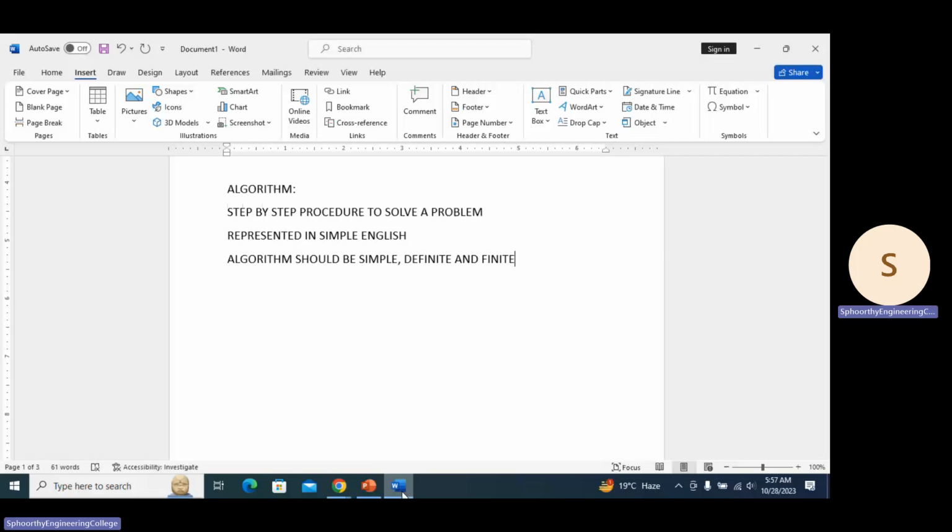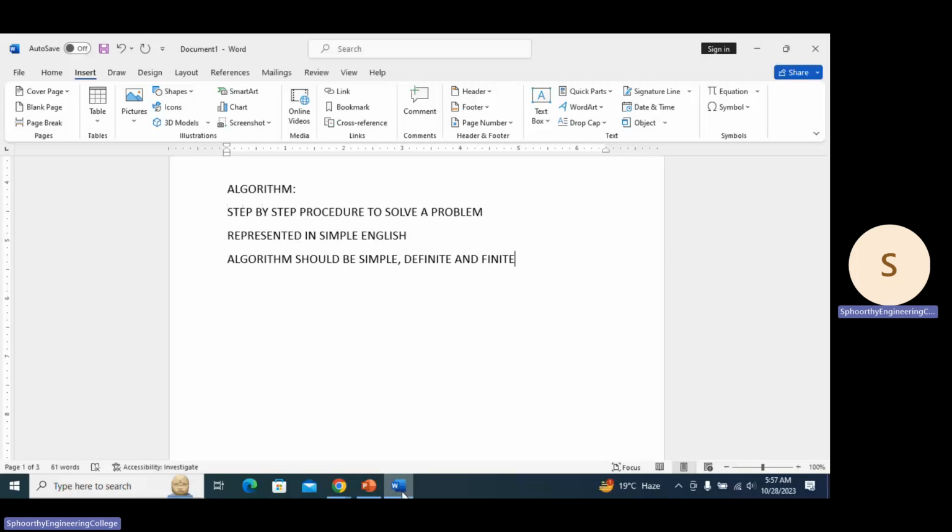So how do I write the program? First, what are the steps involved in it? First of all, you should ask the user to give a number as input. That is one step. Then how do I collect that number which is given as input by the user? Where do I store it? That is my second step.